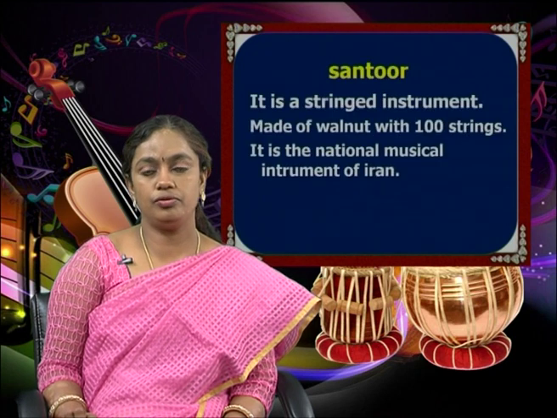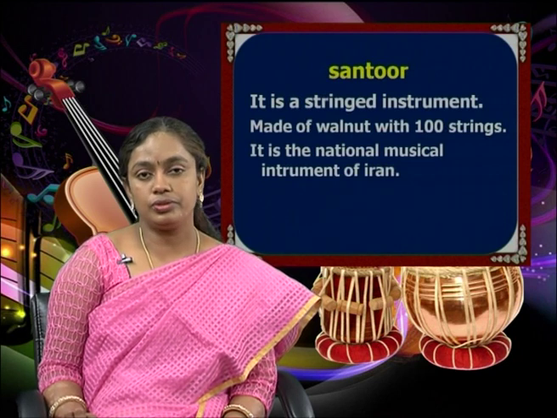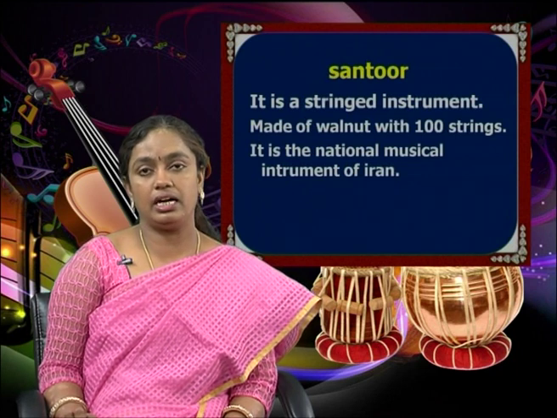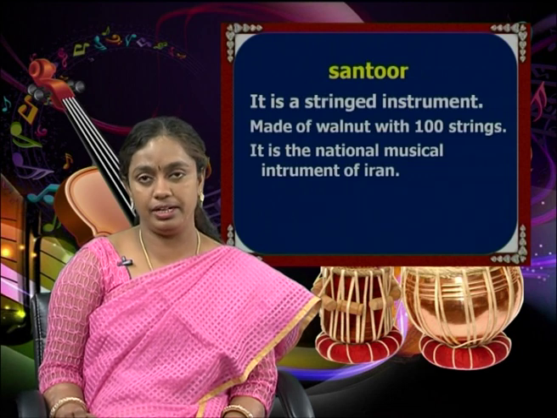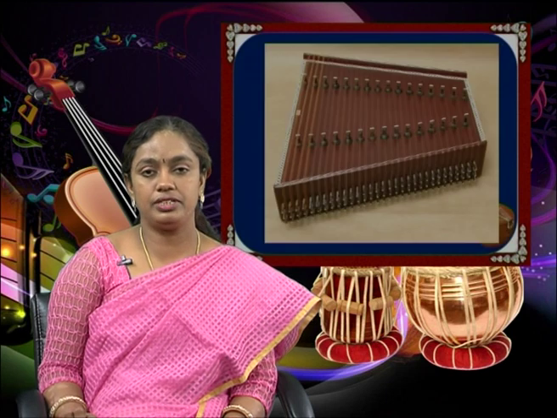Now let us move to one more instrument, particulars about santoor. Santoor is a stringed instrument. It is made of walnut with 100 strings. It is the national music instrument of Iran. You can see the picture of santoor here.